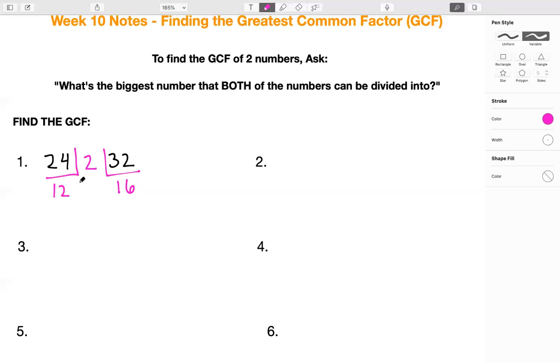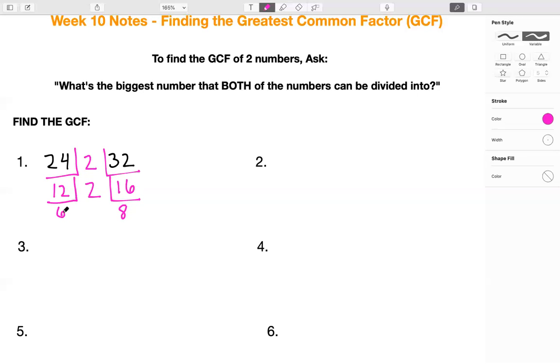And we're going to keep doing this and whittling these numbers down until they no longer have a common factor, or a number that we can divide both into. So 12 can be divided by 2 and 16 can be divided by 2 because they're still both even. 12 divided by 2 is 6. 16 divided by 2 is 8.